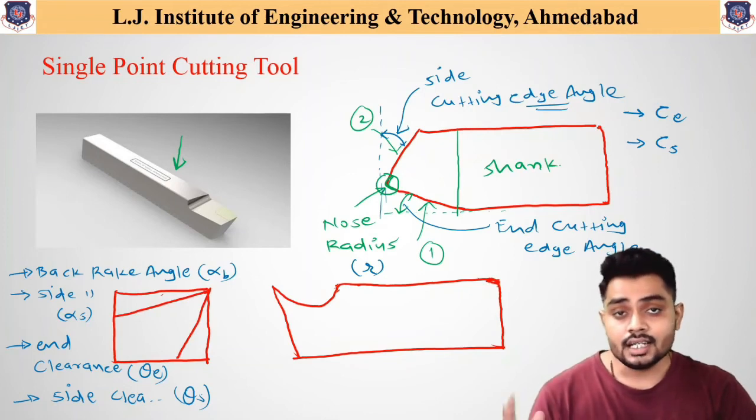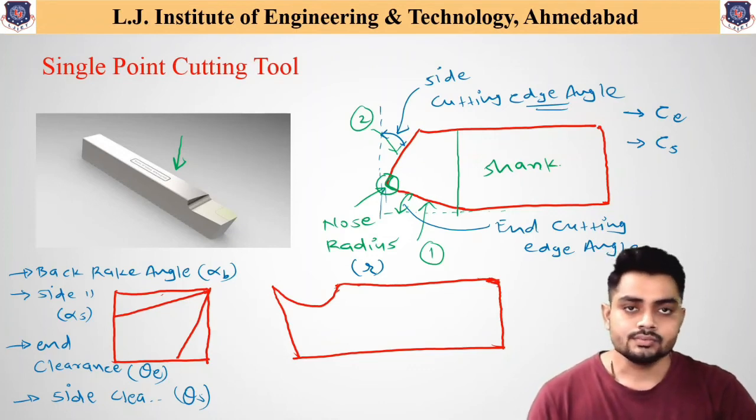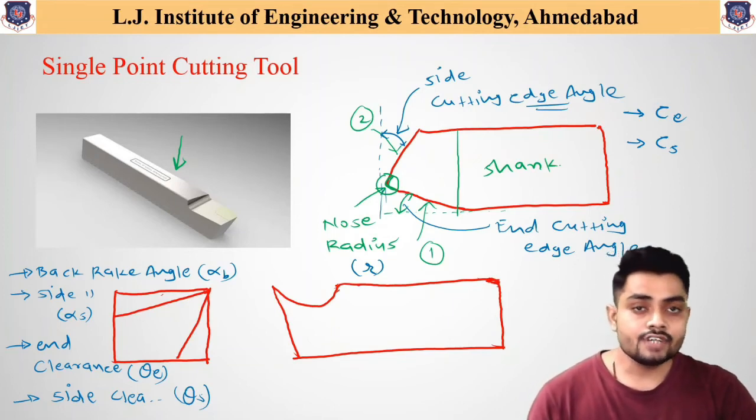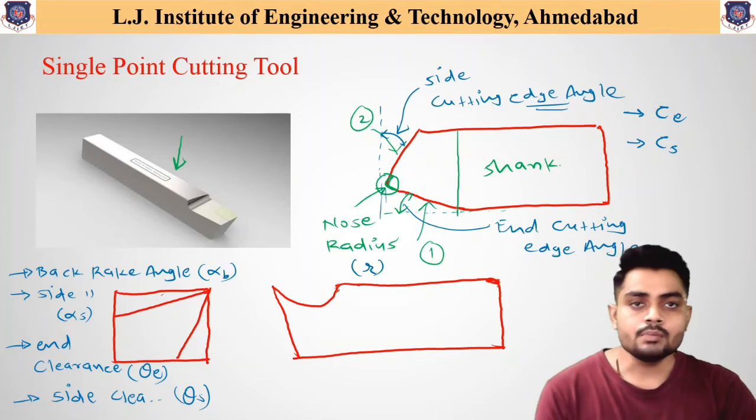So these are the important geometrical parameters available in this single point cutting tool. And this tool has different tool signatures with which we can indicate all its parameters. There are mainly 3 different tool signatures, or tool nomenclatures, with which we can indicate these important parameters.